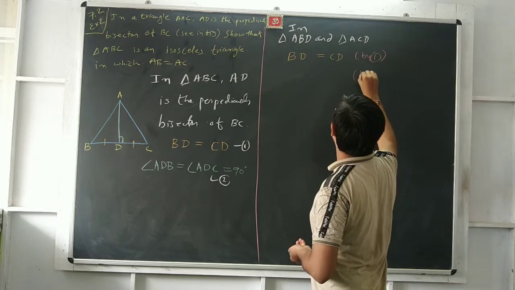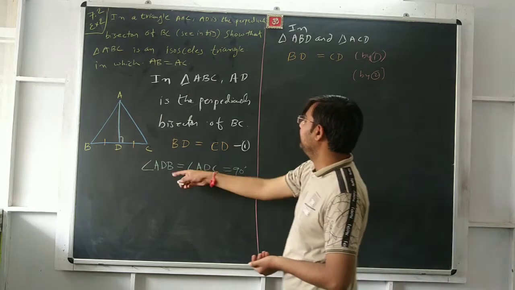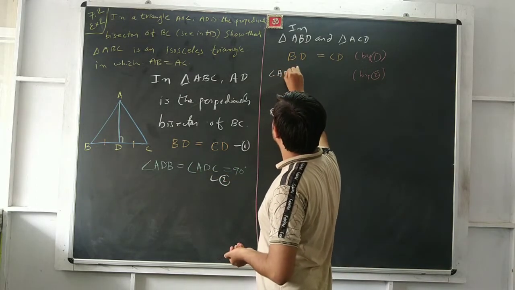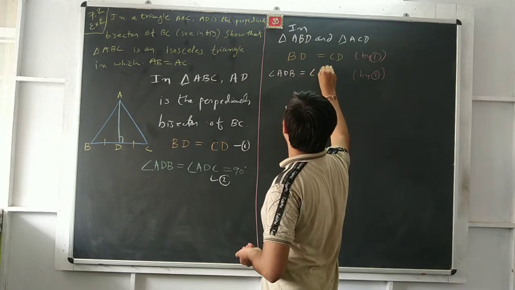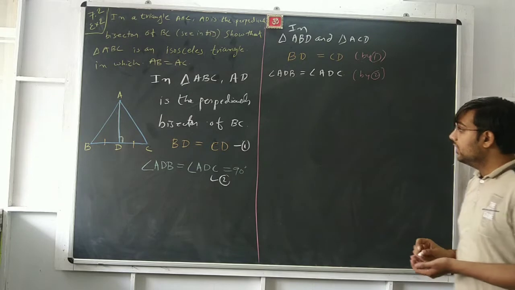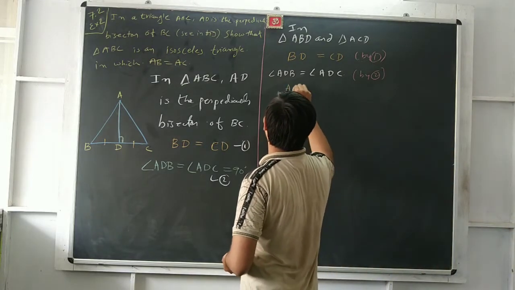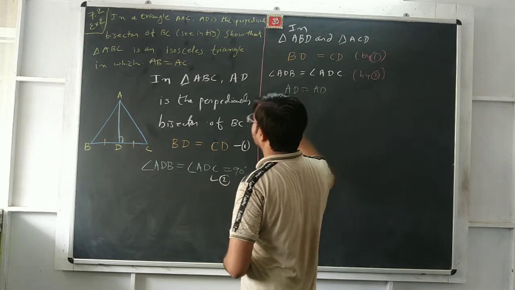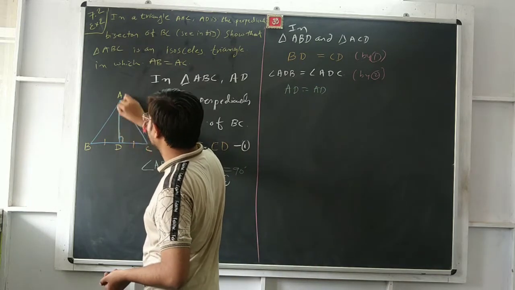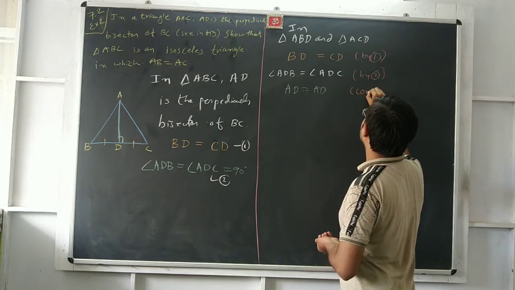By equation 2, we can write that angle ADB is equal to angle ADC. And we also write that AD is equal to AD. This is the one common side.